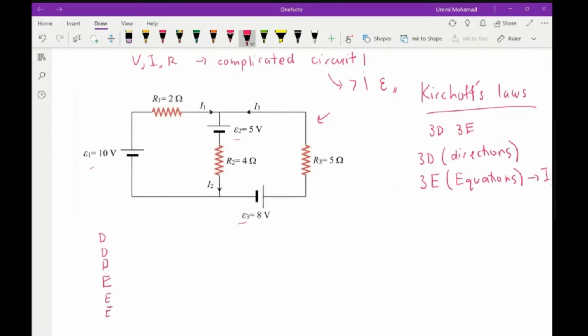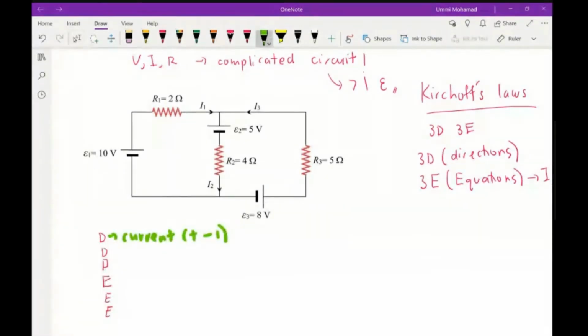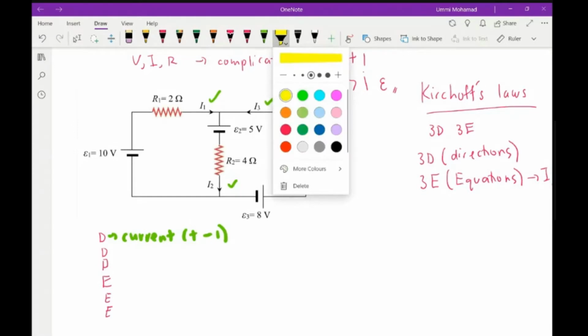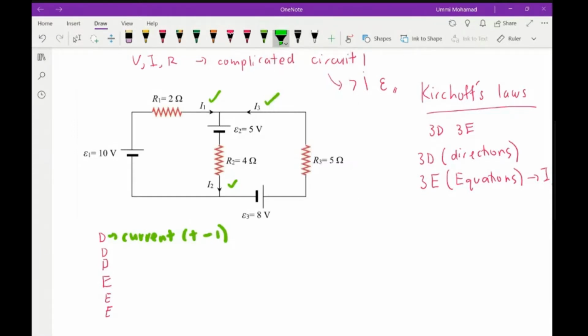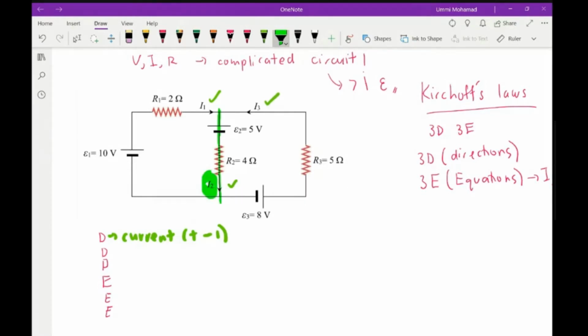So we use 3D, 3E. The first D is direction of current. That's supposed to be from positive to negative of the battery terminal. But for this case, we have already got the current. It is already prepared for us. So we have I1, I2 and I3. I just would like to remind you that one wire will represent one current. So for this example, this is one separate wire, this is green, for I2.